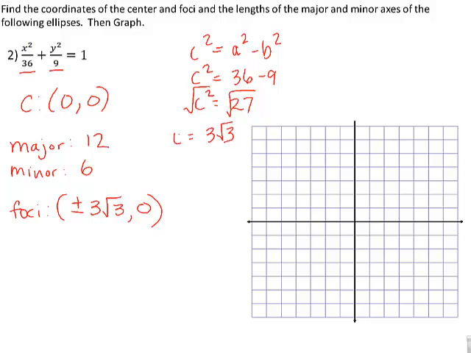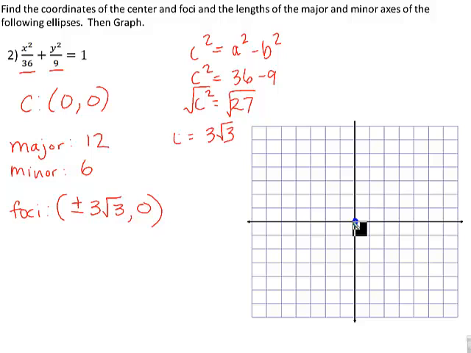So we'll graph it now. So start with your center. Okay? And then if you look at your equation, what value is attached to the x squared? So what value is in the denominator of the x squared? Yep, the 36 here. So we just want to figure out the square root of 36, which is 6.